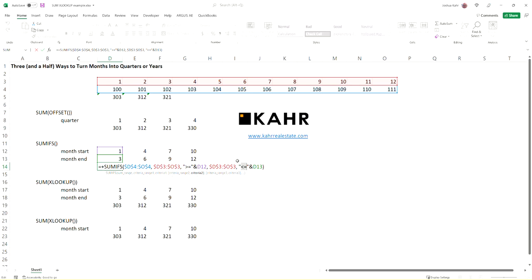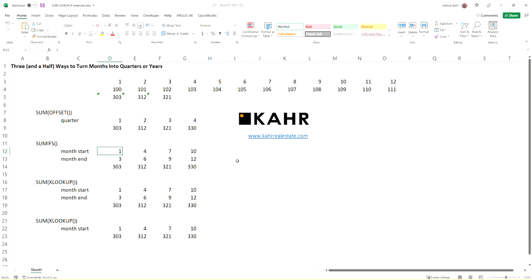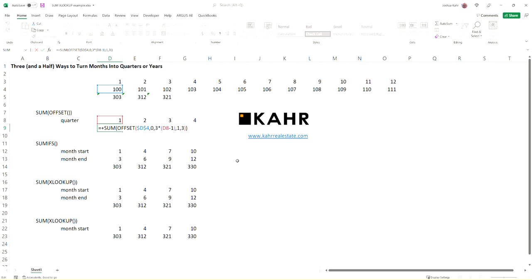Another way I've seen people do it, which is also kind of clunky, is they do a sum offset combination. They say something like, I'm going to start here, I'm going to stay in the row, I'm going to count over 3 columns times the quarter I'm in minus 1, and highlight an area 1 by 3, and then sum that. Now, this is relatively tight, but explaining that to someone who's never seen an offset function before, well, let's just say it's not easy.